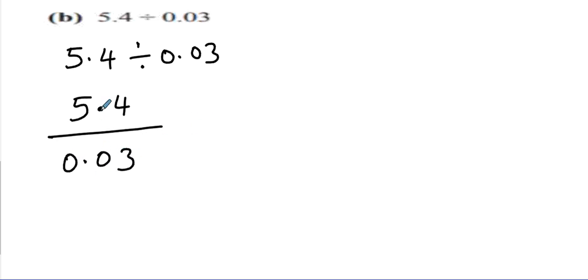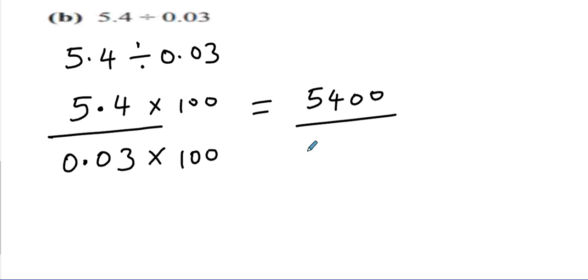Okay, where do we have more decimal places? We have one decimal place in the numerator. We have two decimal places in the denominator. So that suggests multiply by 100 and also multiply by 100 over here. Ignore the decimal point. This will be 5400 and this will be 00300.